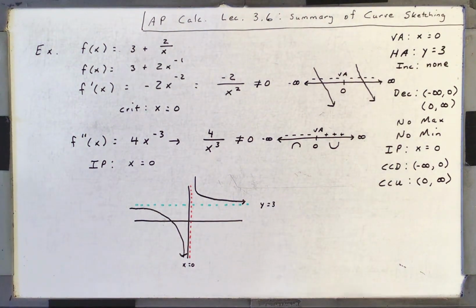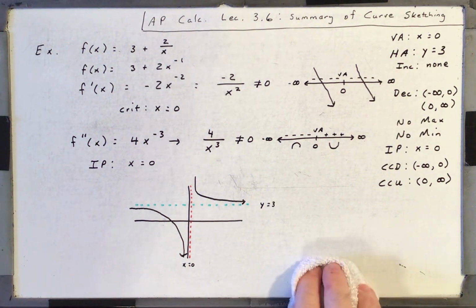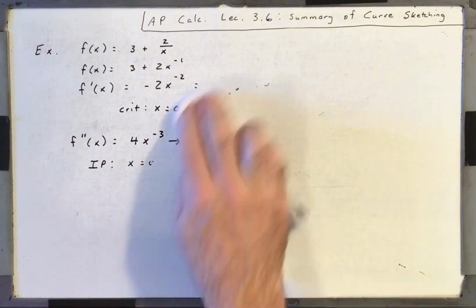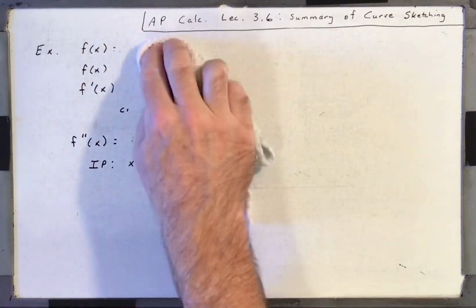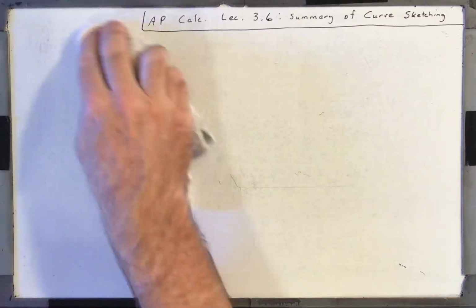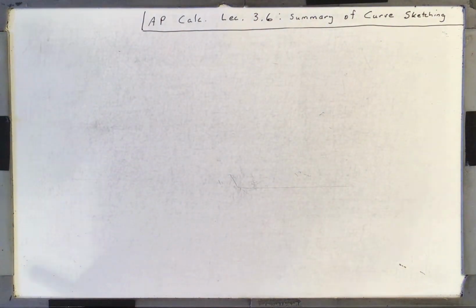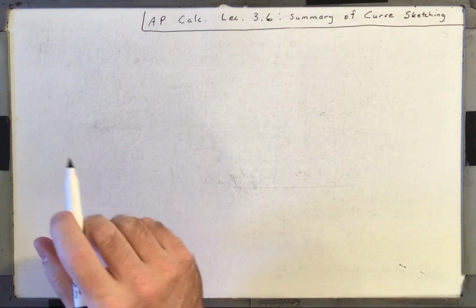All right, so that does it for our 2 examples. So this is a great homework exercise. It's a fairly long homework exercise, but it is super valuable. And if you do all of these, then you're super prepared for the test.